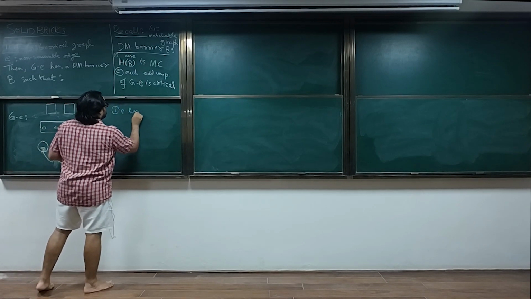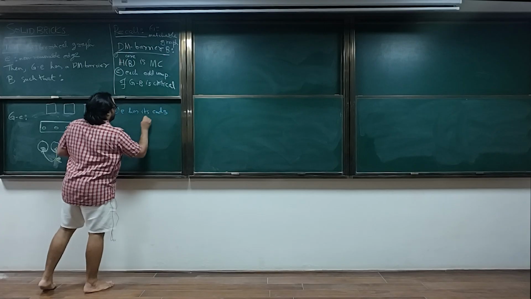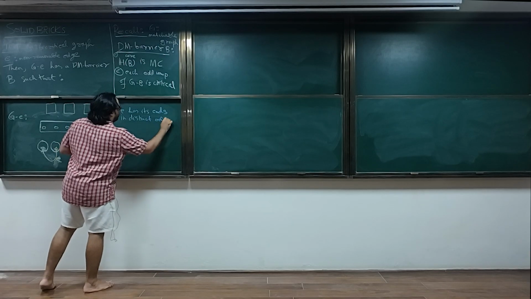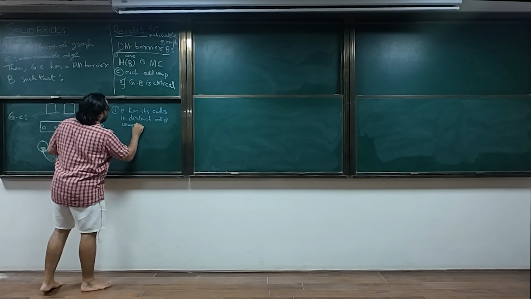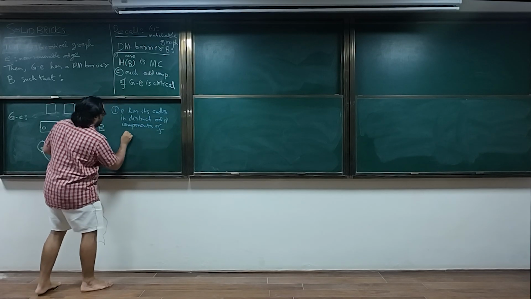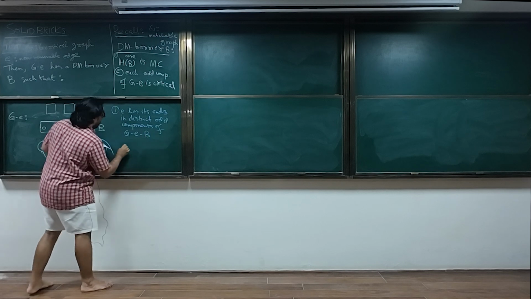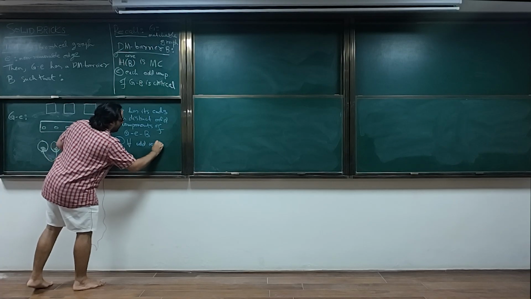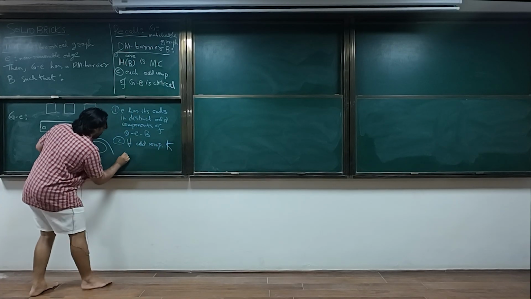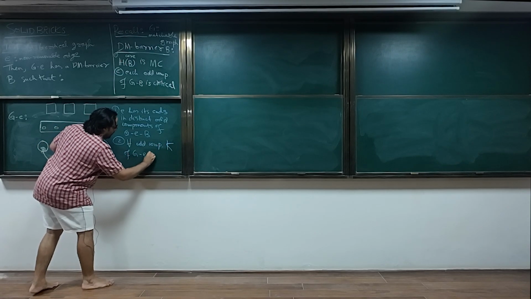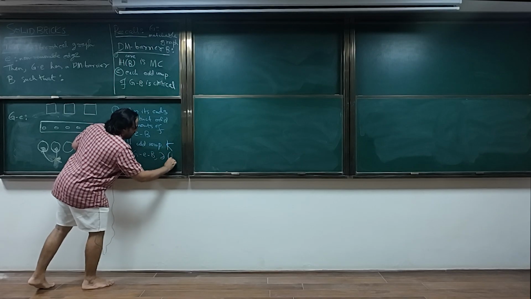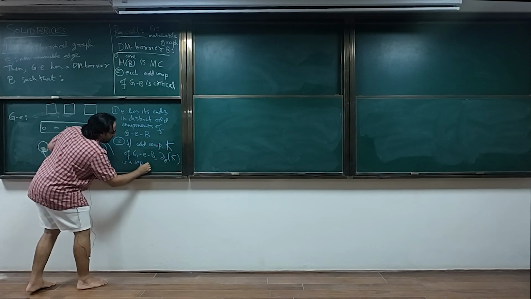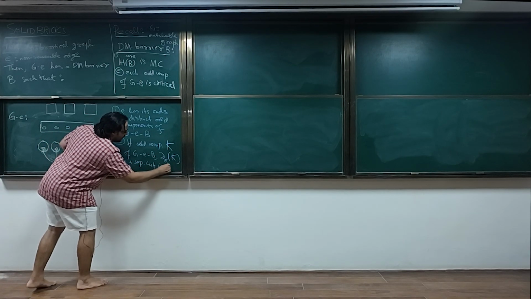First, E has its ends in distinct odd components of G minus E minus B, and secondly, for every odd component K of G minus E minus B, the cut partial of K in the graph G is a separating cut in G.